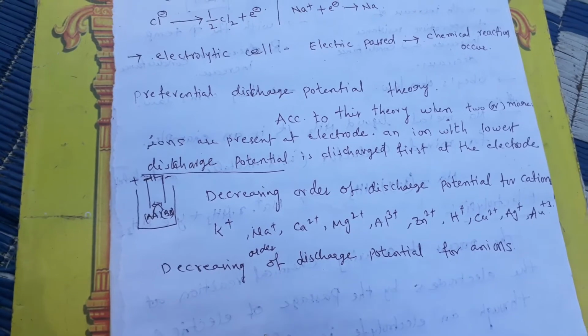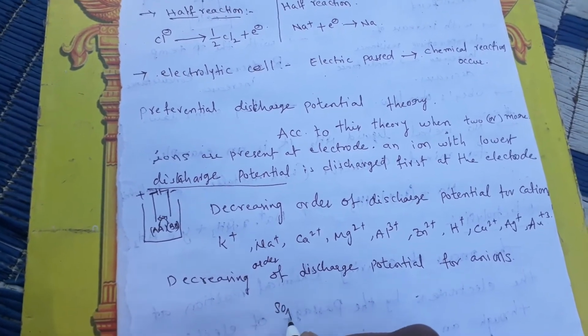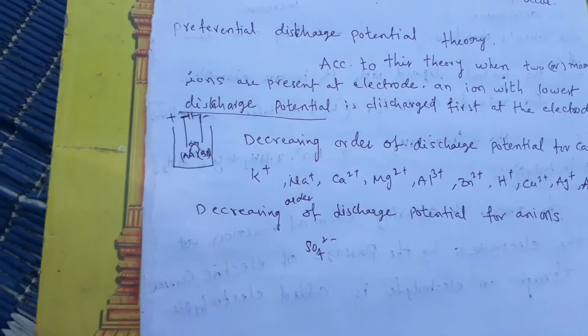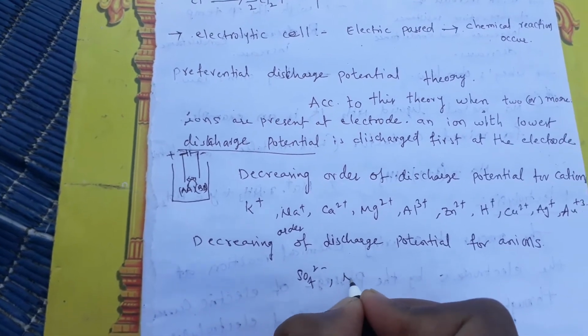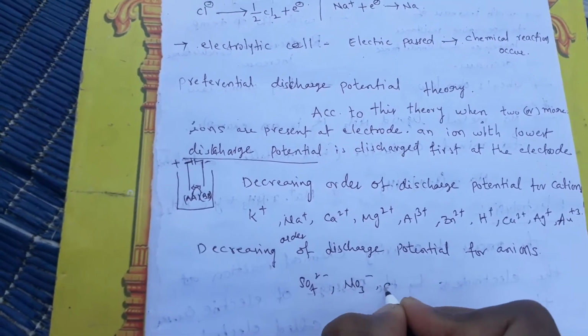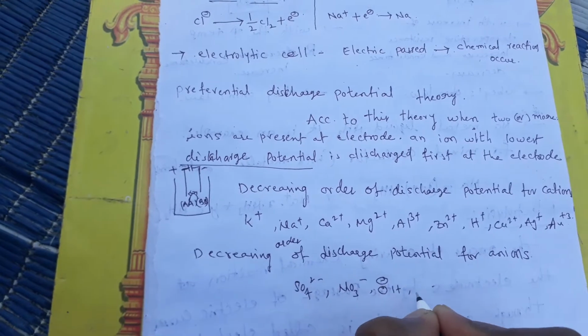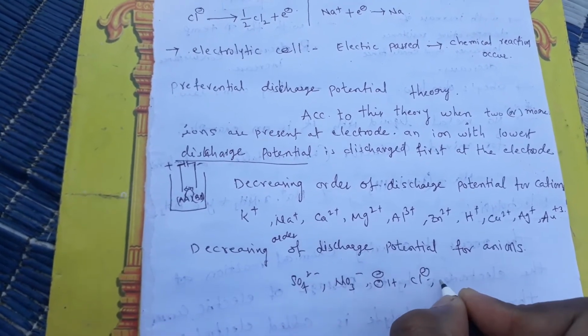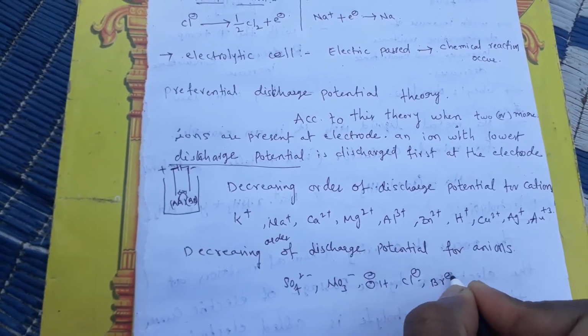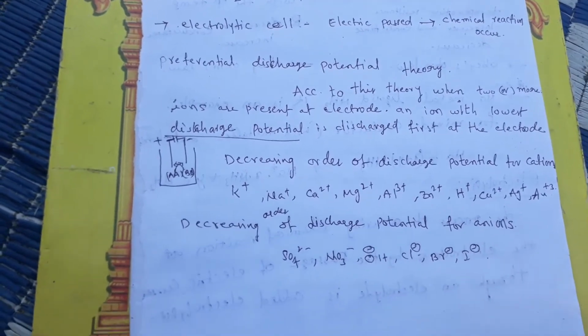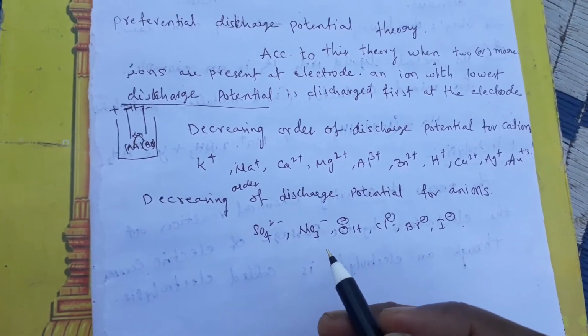If you see for anions: SO4 2 minus, NO3 minus, OH minus, Cl minus, Br minus, I minus.